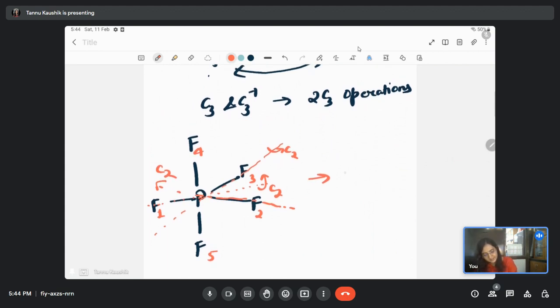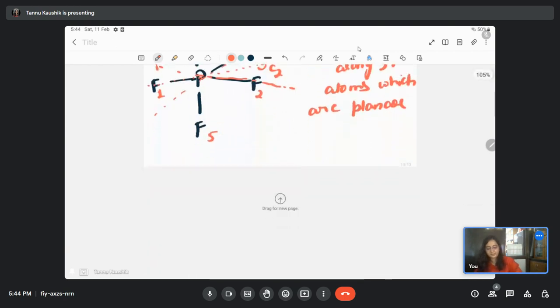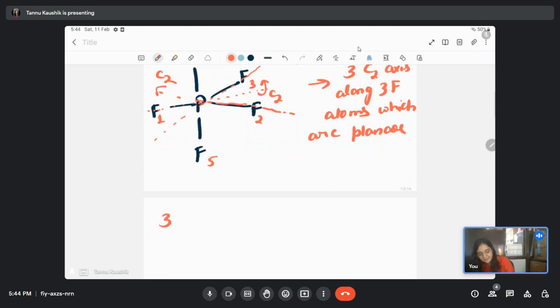So we have three C2 axes along three fluorine atoms which are present, which are planar, I would say. So we have three C2 axes of rotation.